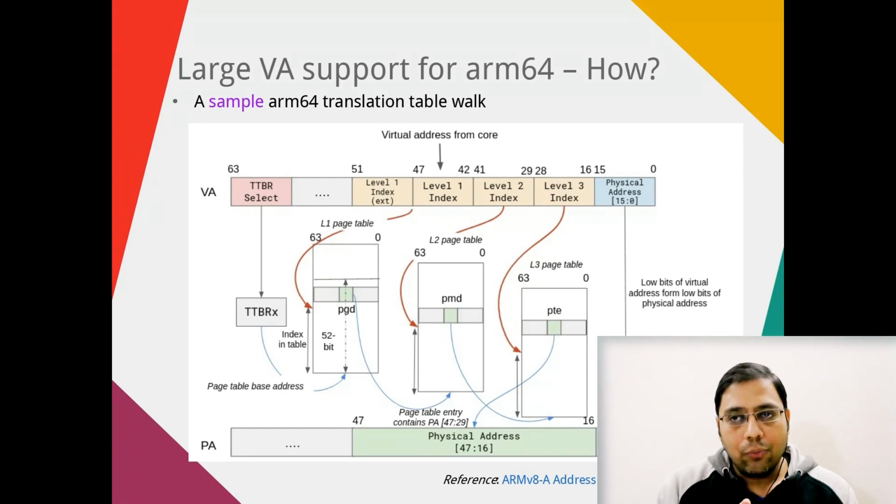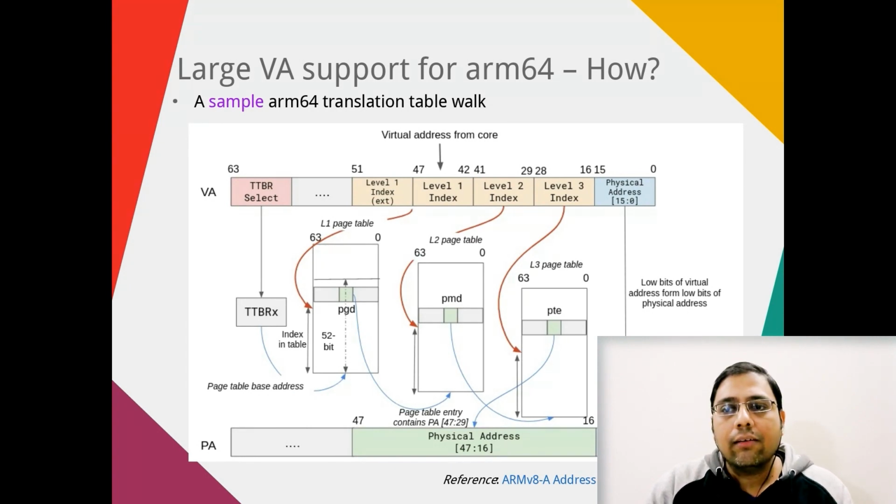Similarly, bits 41 down to 29 in the incoming virtual address will tell us about the PMD index in the L2 table. And lastly, bits 28 down to 16 in the incoming virtual address will tell us about the PTE index in the level 3 table.